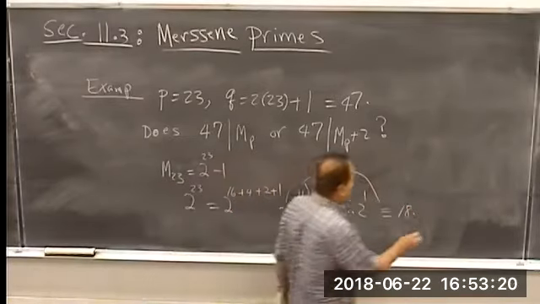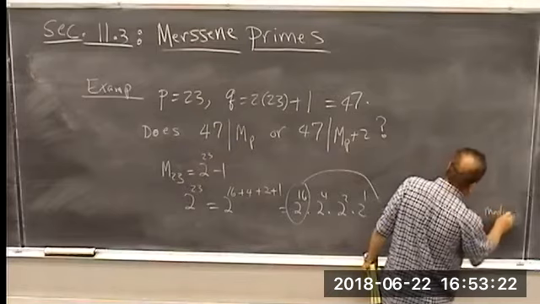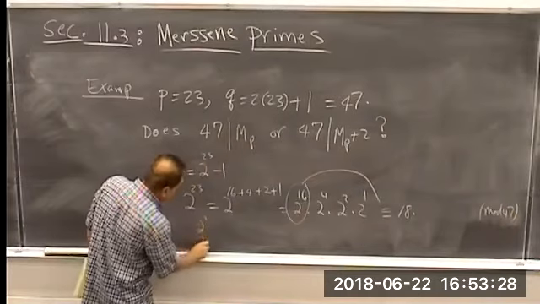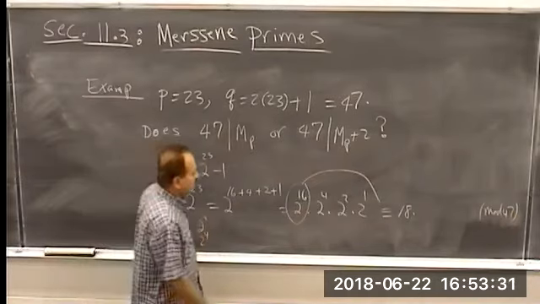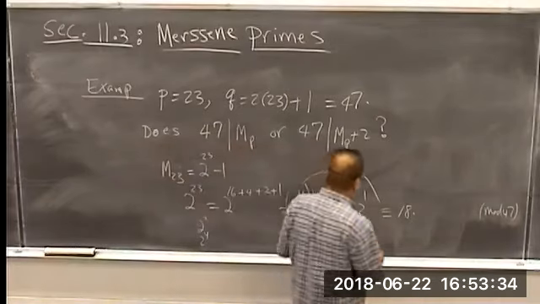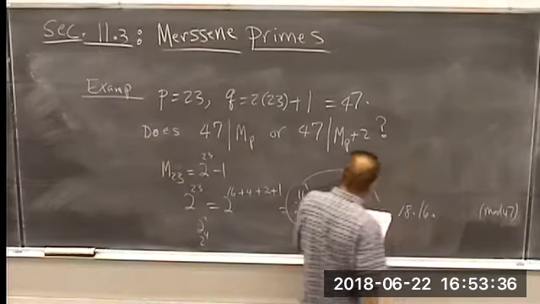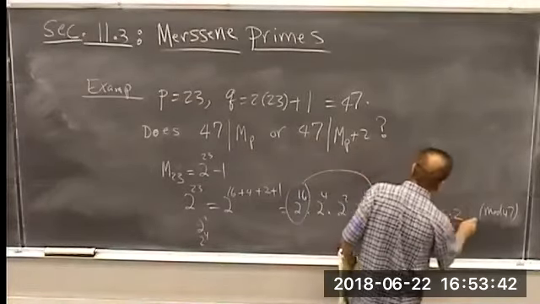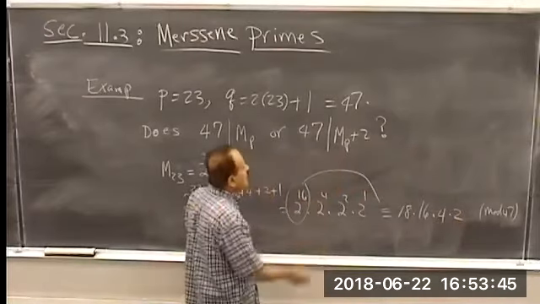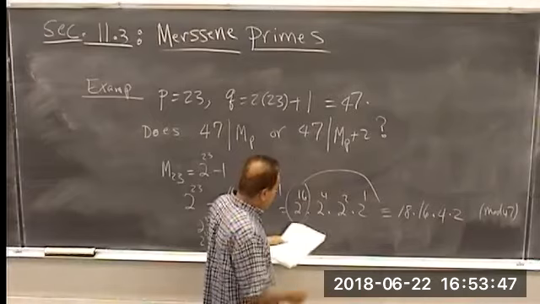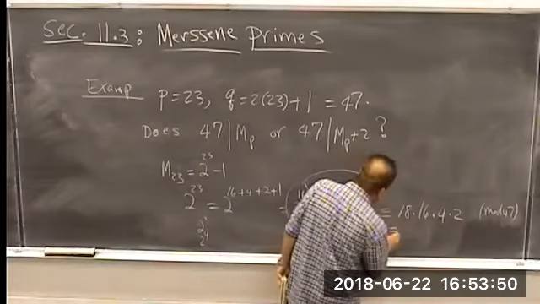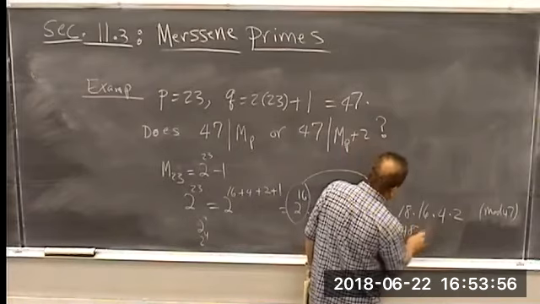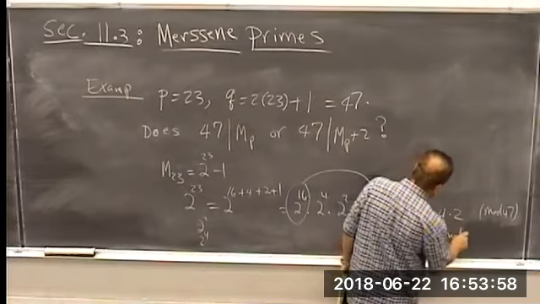We are doing everything mod 47. And again, remember when we do this one, we take 2 squared and 2 to the 4, we just keep squaring. And 2 to the 4 is congruent to 16. And 2 squared is 4. And 2 to the 1 is 2. When you multiply these, and keep reducing mod 47, you're going to see this is congruent to 48, or congruent to 1 mod 47.